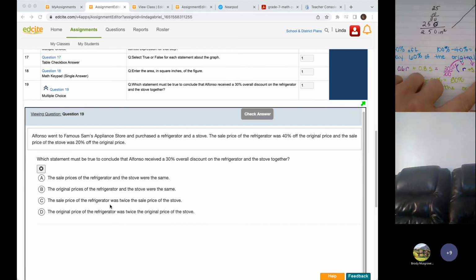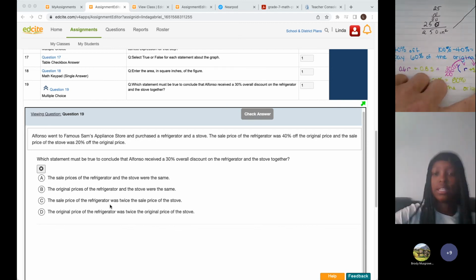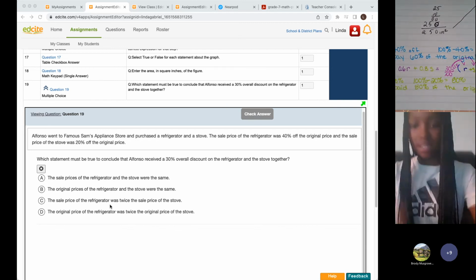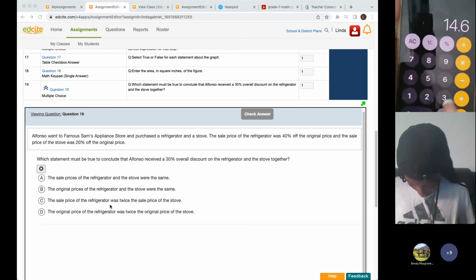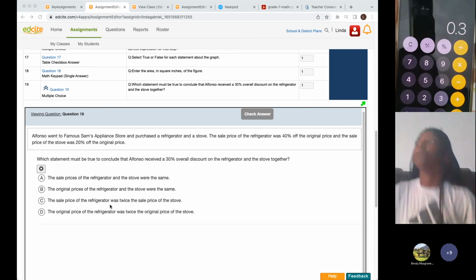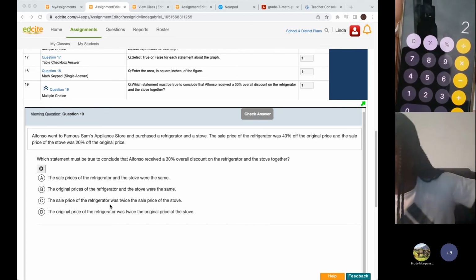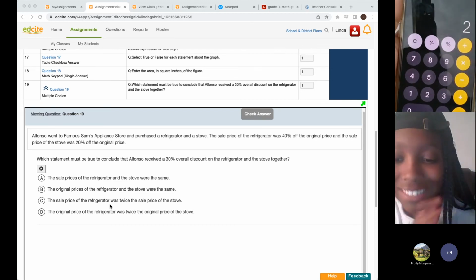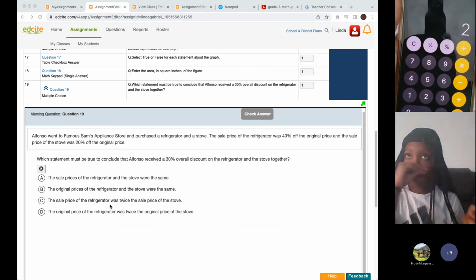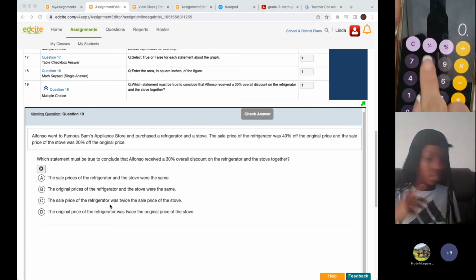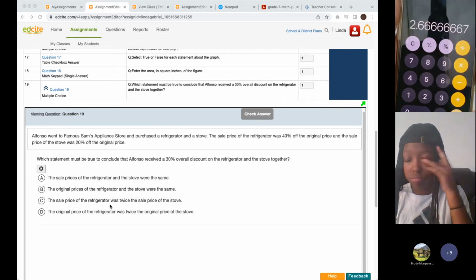Actually, hold on. I'm going to have to divide. So I have 0.6 and I'm going to divide that by 0.3. That will give me 2, right? So I have 2R plus 0.8 divided by 0.3.